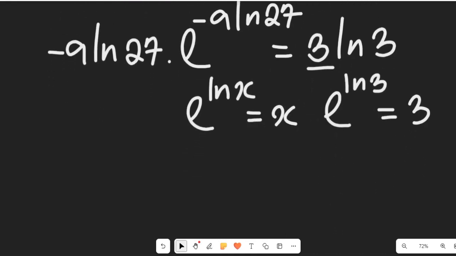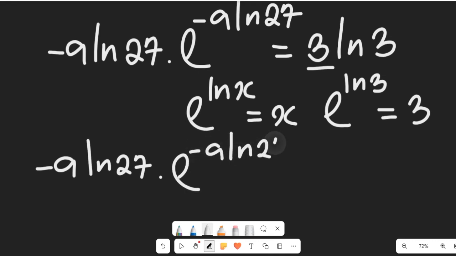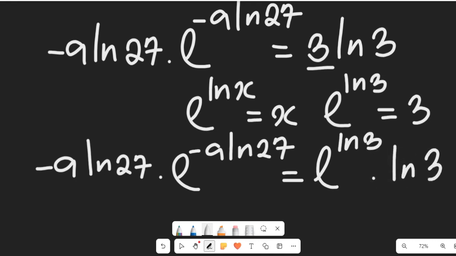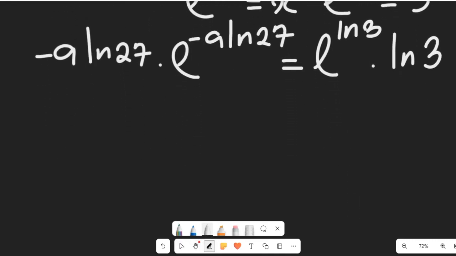If I do that, I'm going to have that whole expression to now give me negative a ln of 27 multiplying the exponent of negative a ln of 27, and this will be equal to the exponent of ln of 3 multiplying the ln of what? Of 3. Good. So at this point, I can now apply the Lambert W function.